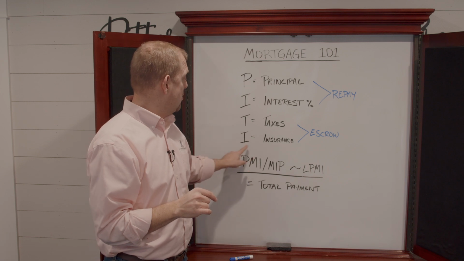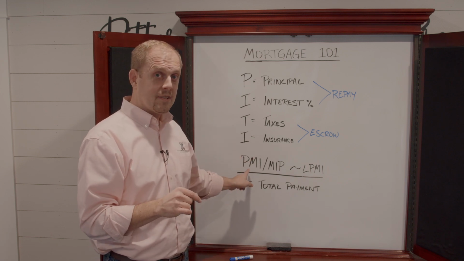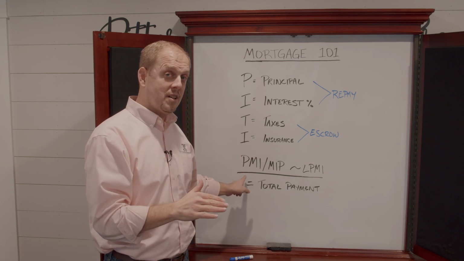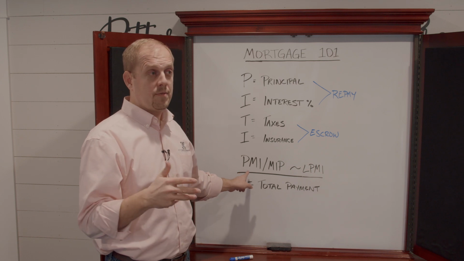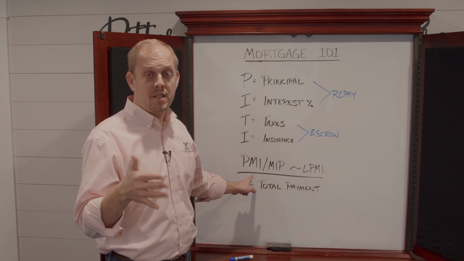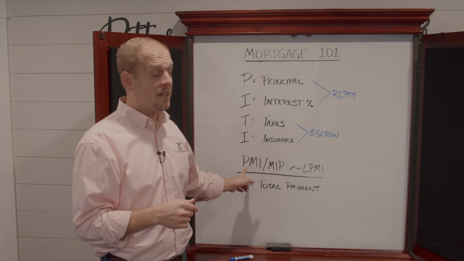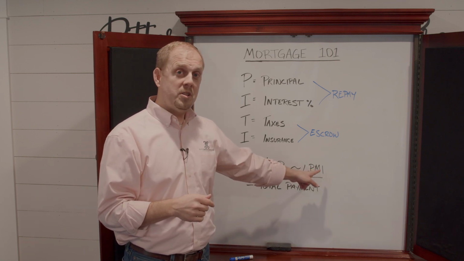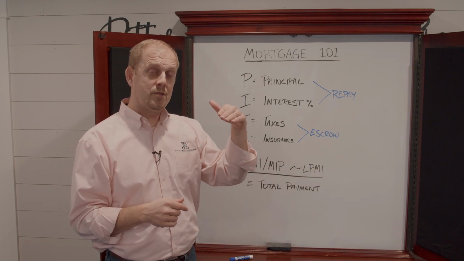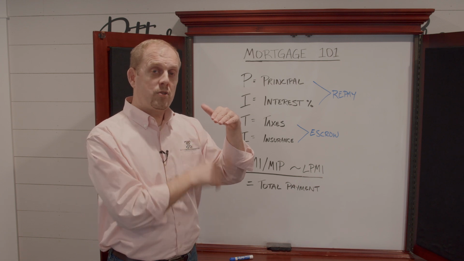And then previously, PMI was tax deductible for households less than $100,000. Well, if you happen to make good money, you're making over $100,000, or again, today, PMI is no longer tax deductible. If you do LPMI, yes, you're going to get a little bit higher interest rate, but that's all interest.